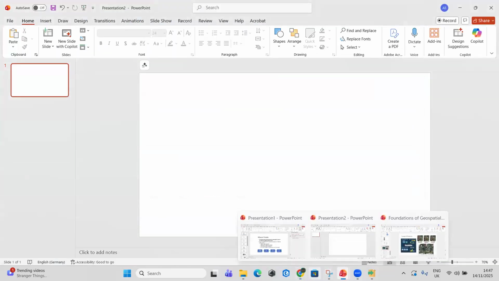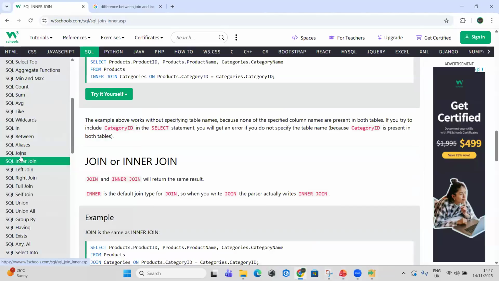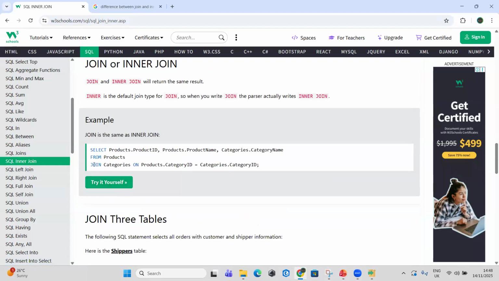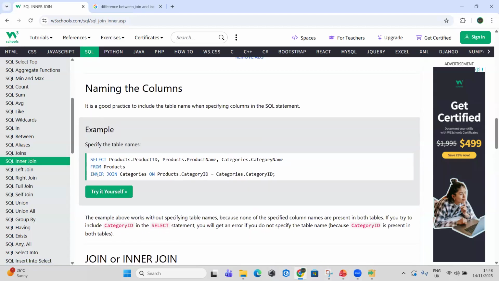There are four different types of joins. One is inner join, one is left join, one is right join, one is full join. But by default, whenever you write just join, it will always perform an inner join only.